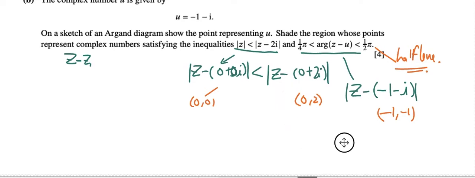So I'll sketch here. What are the points? First we have negative 1, and this is negative i, then negative 2i, positive i, and positive 2i.